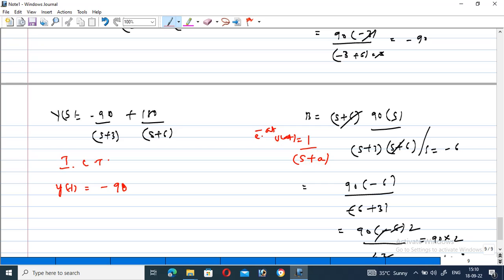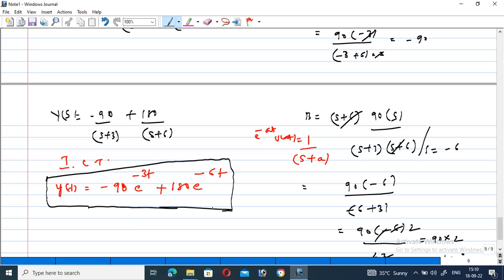Now if you are reversing this one, e power a value is equal to minus 3t, plus 180, s plus 6 means that e power minus 6t. This is the output equation for the given transfer function when we give the h of s function and input values, right? This is the given data from this one.